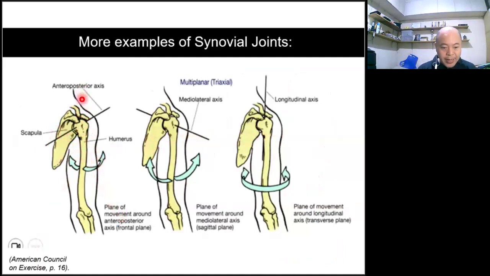The anterior posterior axis. So basically, the shoulder joint moves in three ways because of its anatomy as a ball and socket joint. Of course, you have limitations.